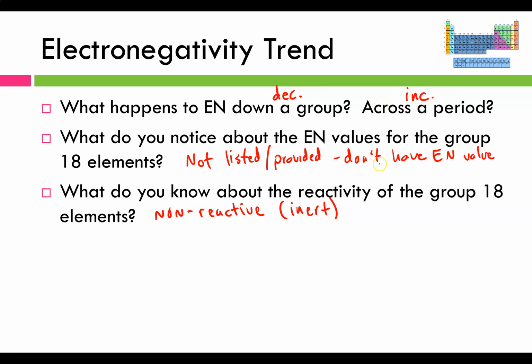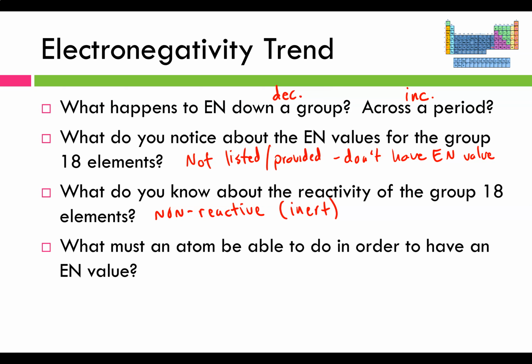And we know that elements that don't react, like the noble gases, don't have an electronegativity value. It's got to be able to react and form bonds. Group 18 elements don't react and tend not to form bonds, so this has to do with reacting and forming bonds.